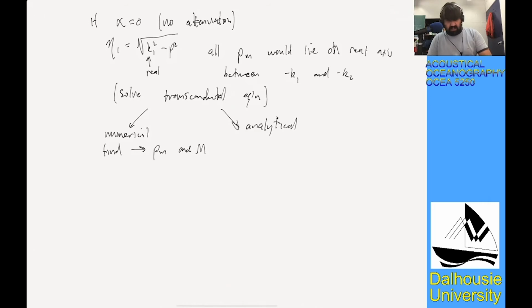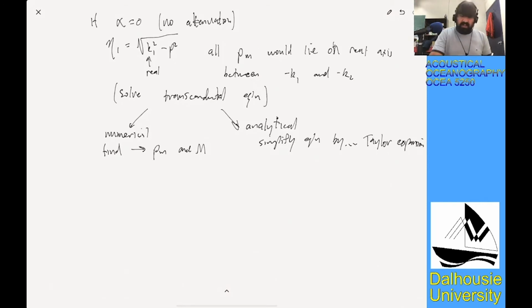What's the best thing we can do? Simplify the equation by doing a Taylor expansion. Let's approximate the equation a little bit.